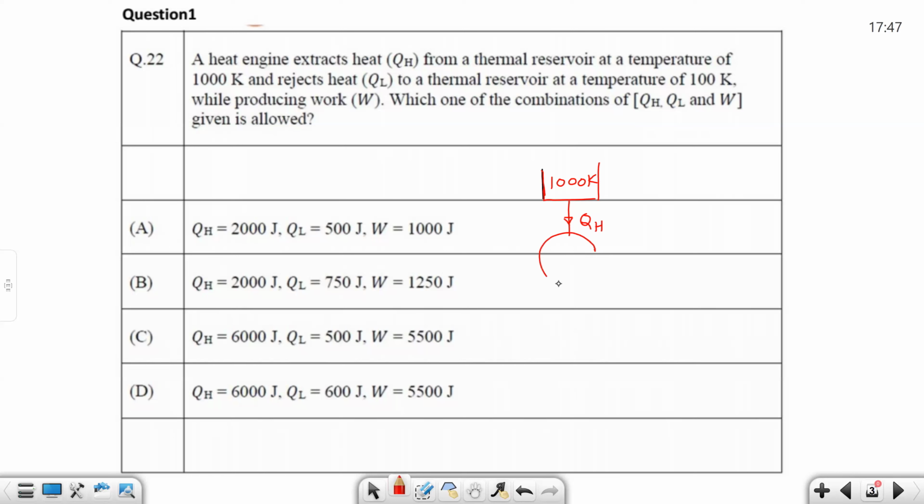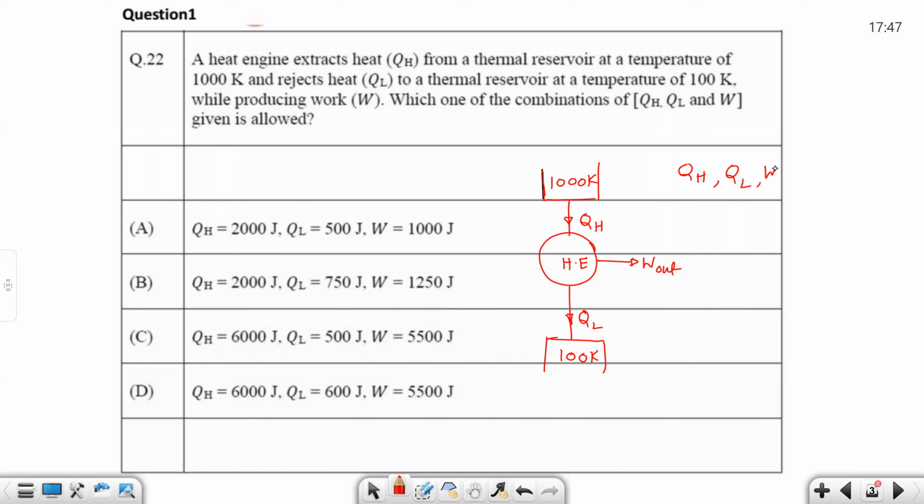So it's a heat engine, so it produces work output and rejects heat to a reservoir which is at 100 Kelvin. So you have QH, QL, and W.